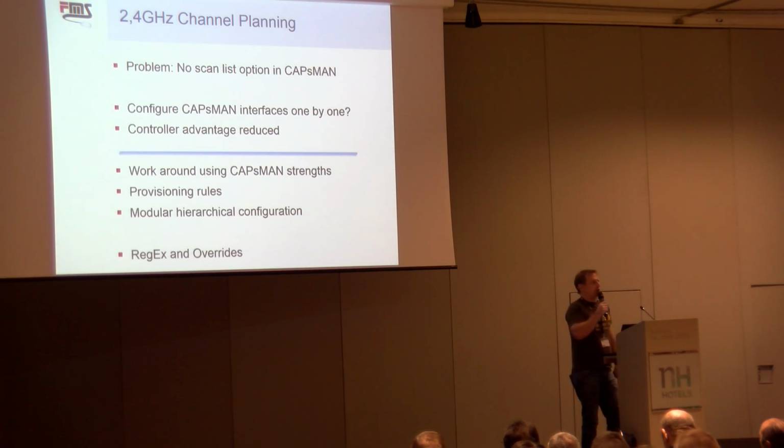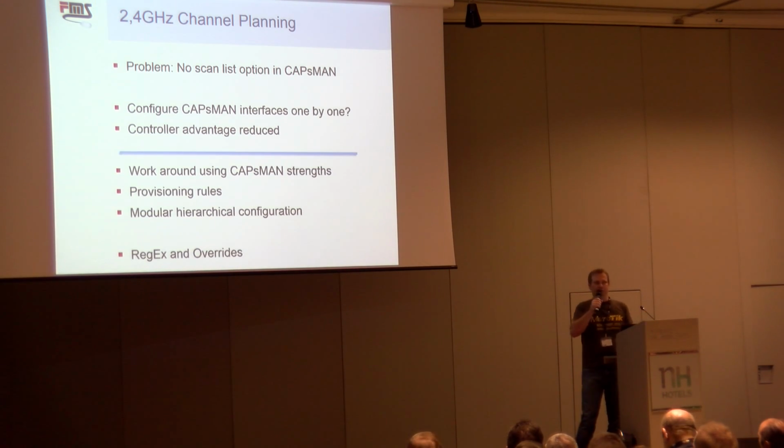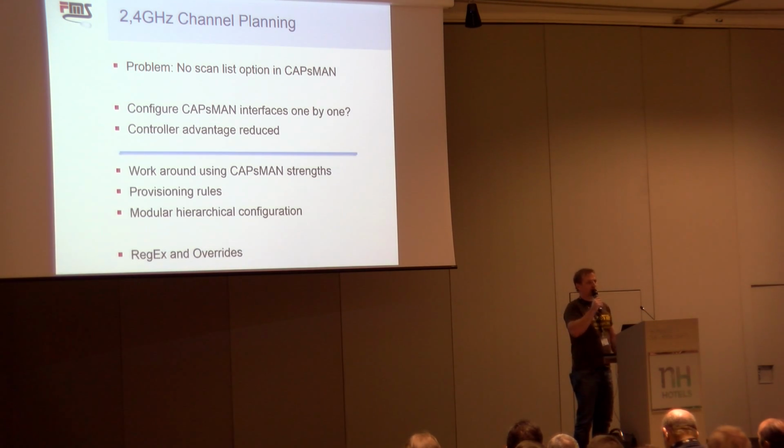The problem here is that CAPS Manager doesn't support scan lists by today. And that's actually quite bad, since, as we just learned, we will really have to stick to 1, 6, 11, and we can't force CAPS Manager to do so.